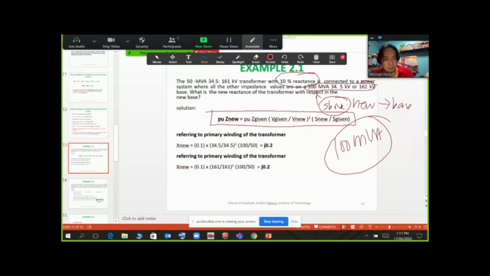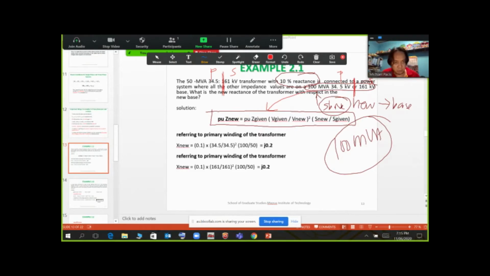As you can see, if we have this on two lines, the 34.5 is primary, secondary. If you substitute all the parameters in this formula, whether the primary or secondary reference, on the theory of transformers they are the same.